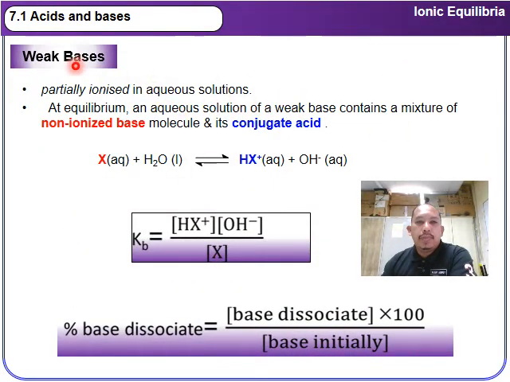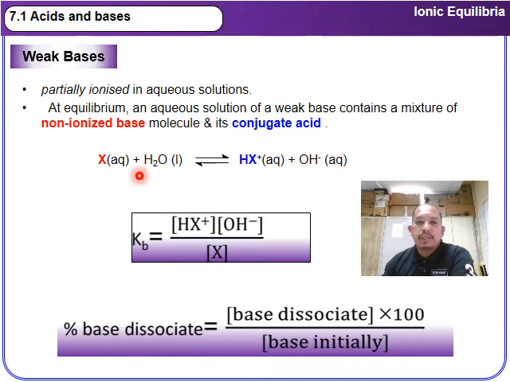For a weak base, it is also partially ionized in aqueous solution. At equilibrium, the aqueous solution of a weak base contains a mixture of non-ionized base molecules and its conjugate acid. This is an example. A weak base X in H2O produces HX+ aqueous and OH- aqueous.